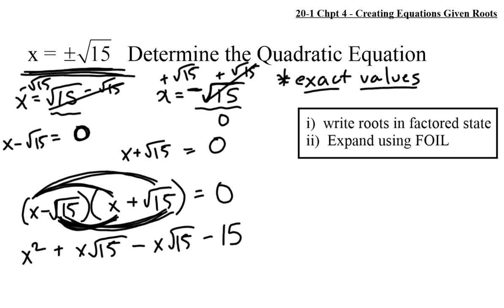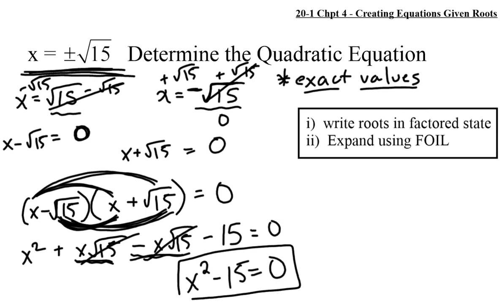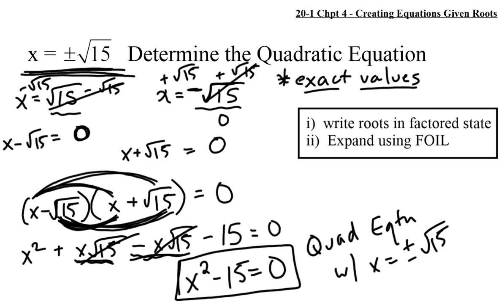We get a minus 15 because root 15 times root 15 is just 15. So we simplify, well, x root 15 and negative x root 15, the positive and negative of the same thing cancels out. So x squared minus 15 equals 0. There's our quadratic equation with x equal to positive and negative root 15 as roots.